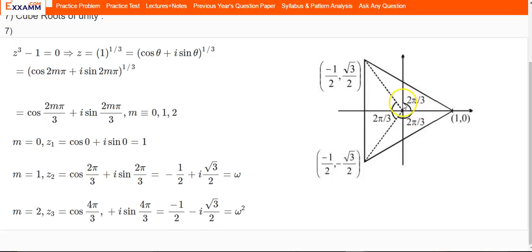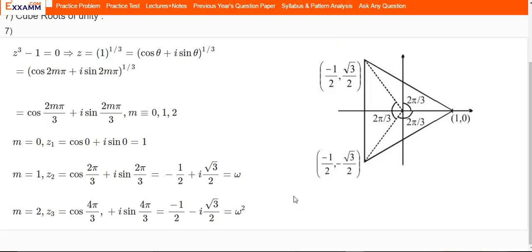It has been shown like this, but it is actually 2π by 3 is this angle. Now the angle between this and this is also 2π by 3, and this is minus 2π by 3 here. So these are the three roots. This is the representation of cube roots of unity on the Argand plane.